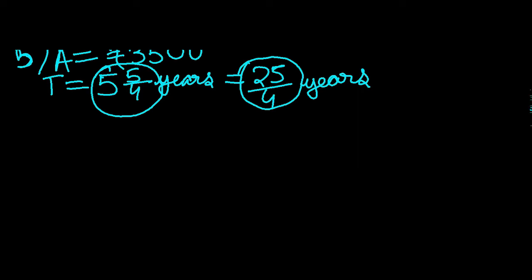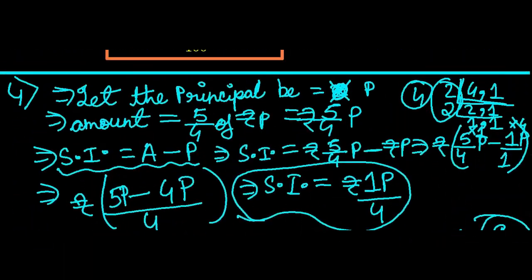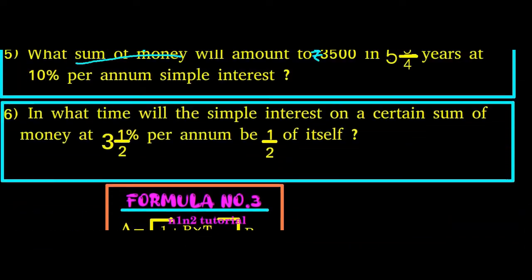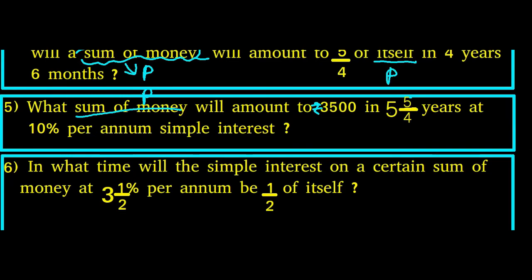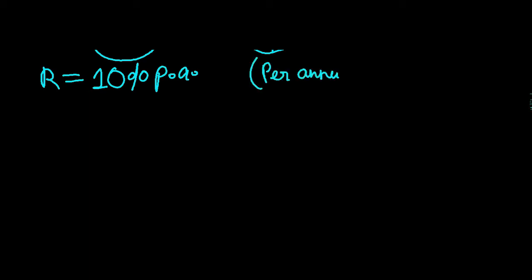So time is equal to 25 by 4 years, and the rate is equal to 10% per annum. Friends, per annum means per year.